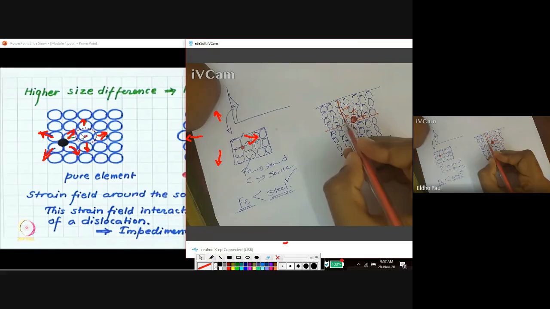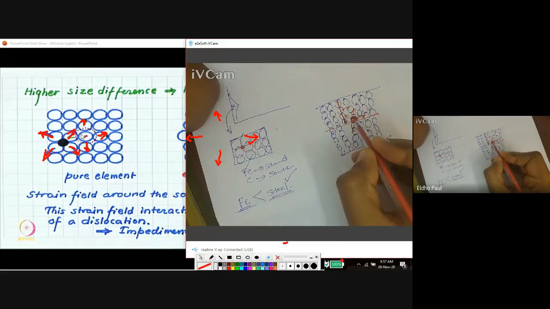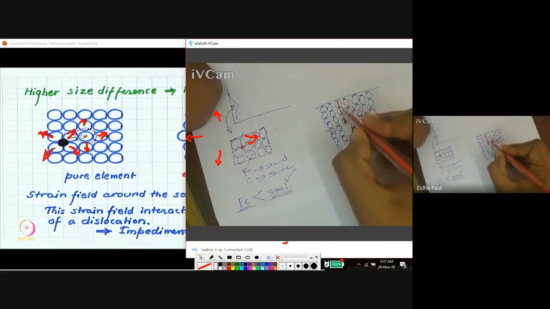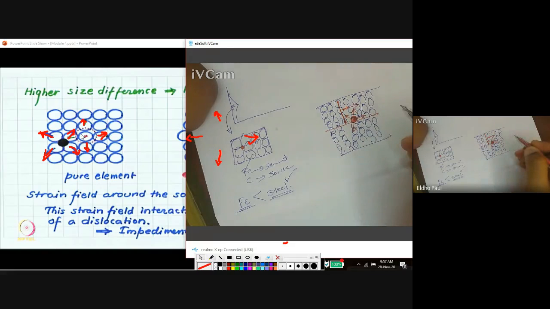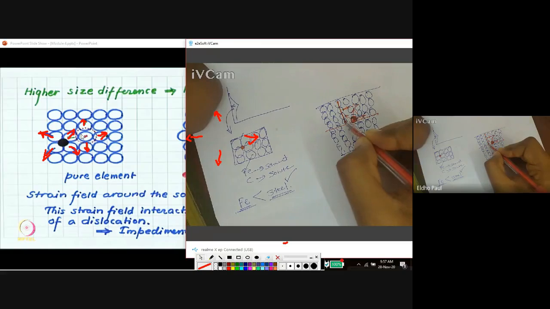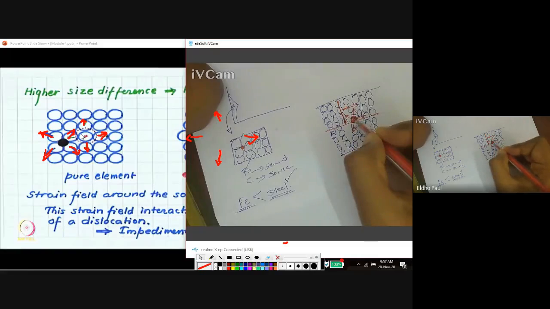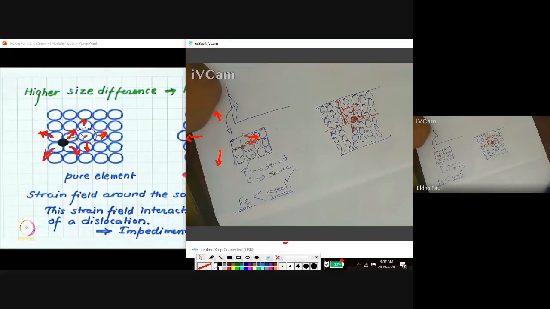So this dislocation has to overcome this stress field for the further movement in this direction. Okay, the dislocation has to move further. For that, it has to overcome the resistance offered by the stress field of the solute atom.